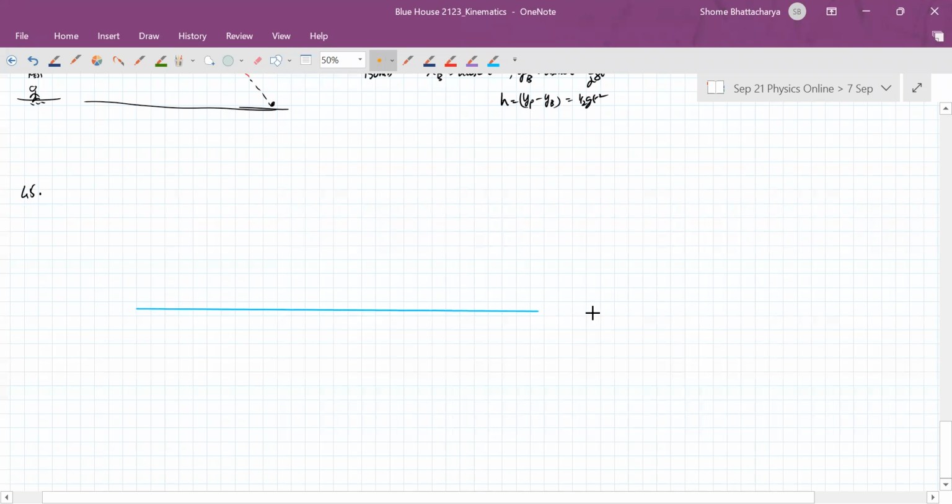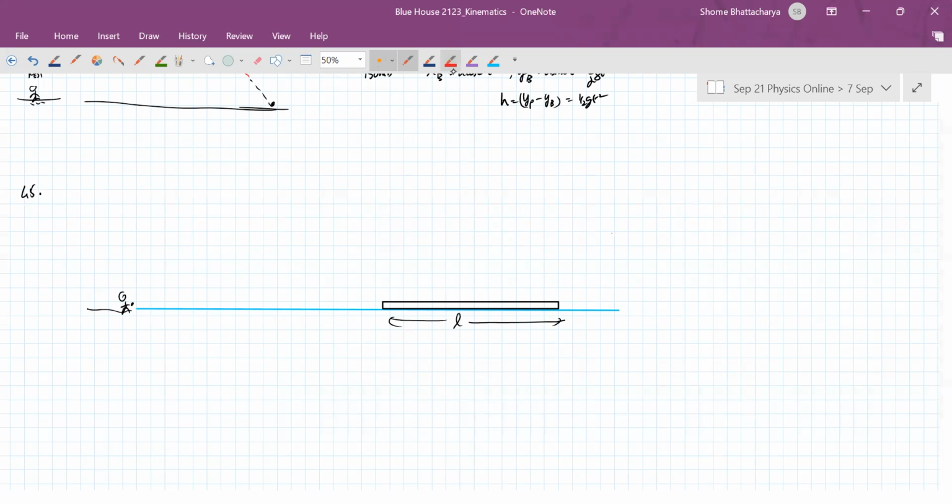If this is the water surface, and this is, let's say, the boat. So now he's standing on the shore somewhere here, so that the length of the boat is along his x-axis.